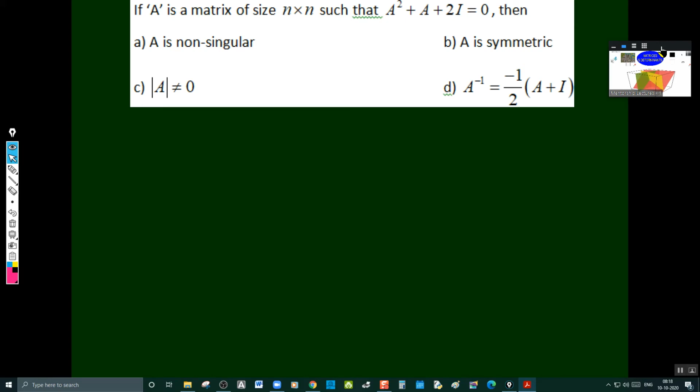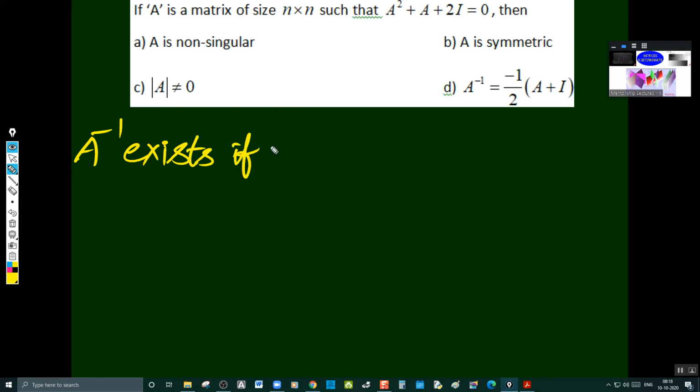And a very, very important thing to be remembered is that A inverse exists only for a non-singular matrix.